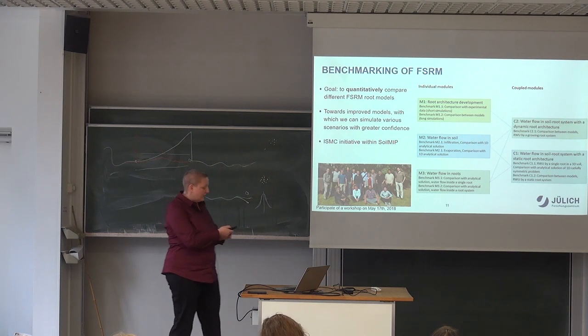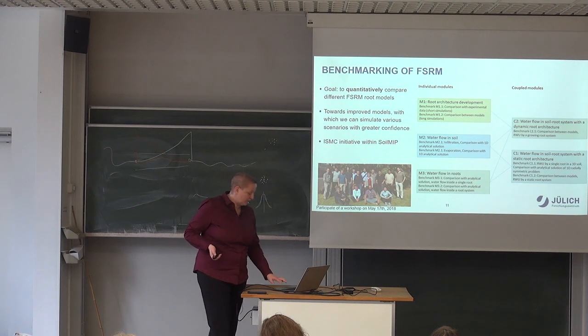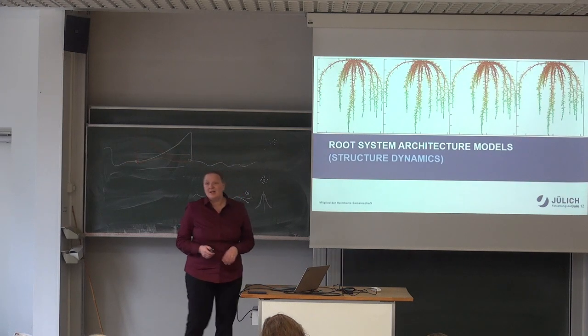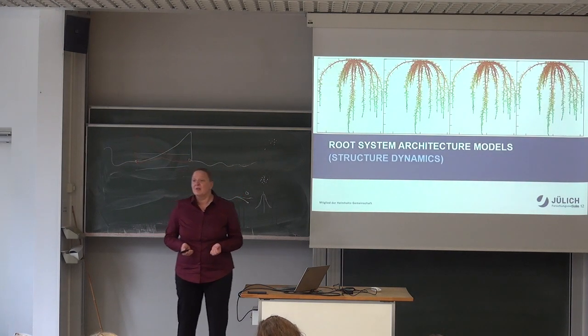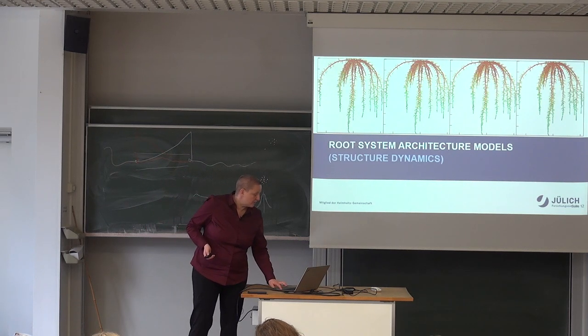And then when we also include the root architecture dynamics, the growth of the roots. And these are the ones where I will show you examples now. So let's start with only the root architecture. So we want to describe the structure of a root system in soil.